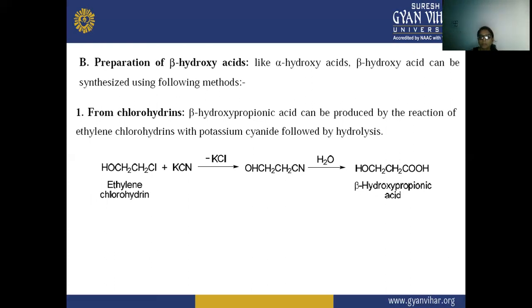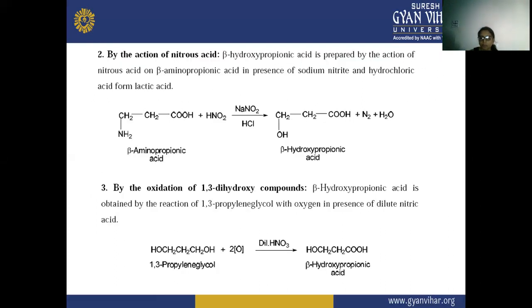Beta hydroxypropanoic acid can be produced by the reaction of ethylene chlorohydrin with potassium cyanide, followed by hydrolysis. An intermediate is formed here, and when it is hydrolyzed, beta hydroxypropanoic acid is formed.